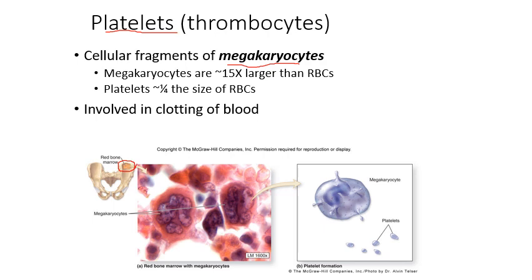These are actual cells, very large cells, but they fragment, and the fragments are what we call platelets. So these are again formed elements, not cells, just fragments of a cell, and they are involved in the clotting of the blood, making those scabs we have. We're going to look at that process in just a second.